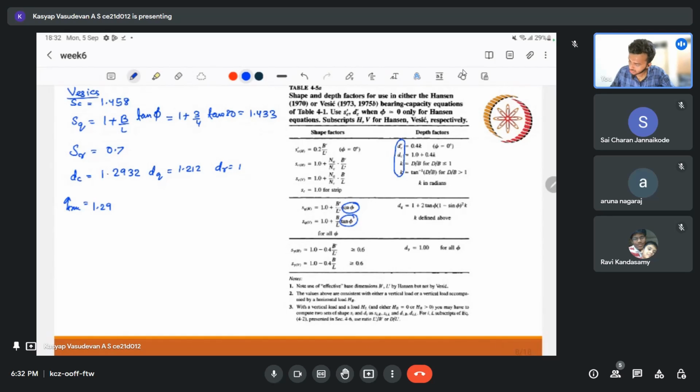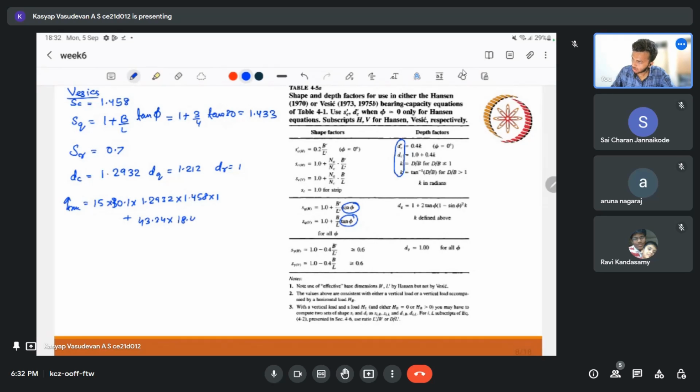Okay, sorry. Let me start with cNc. c is 15 into 30.1 into 1.2932 into Sc is 1.458 into 1 plus q. Q is 43.34 into Nq.